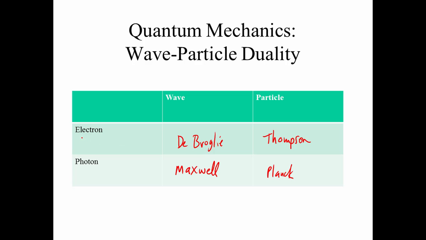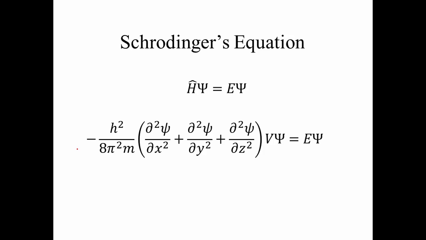So if electrons behave as waves, then this discrete orbit picture of an electron around an atomic nucleus can't be accurate. And so we're going to have to change our picture of the atom.